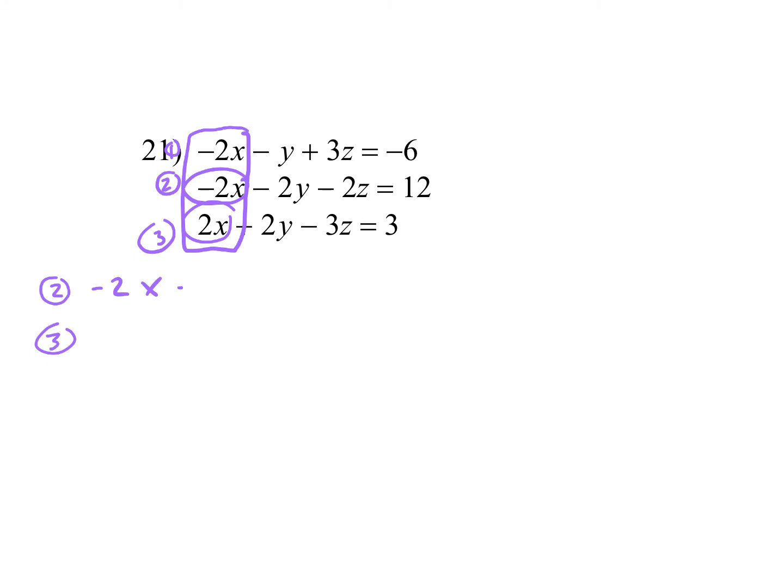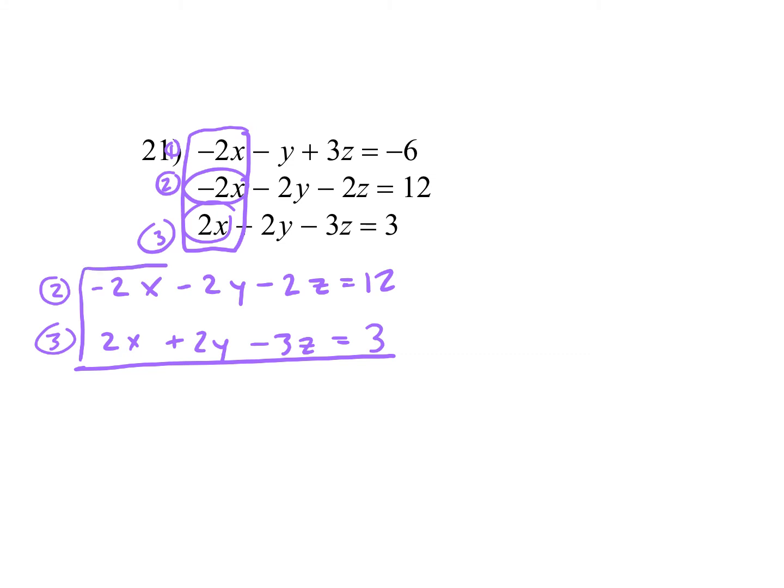So negative 2x minus 2y minus 2z is equal to 12. 2x plus 2y minus 3z is equal to 3. Are my x's going to cancel here? Yep, perfect. That was my goal. So they cancel. What's negative 2y plus 2y? They cancel. What's negative 2z minus 3z?